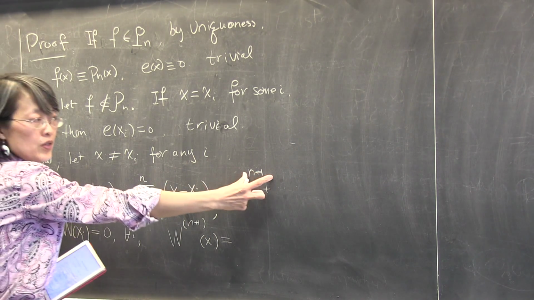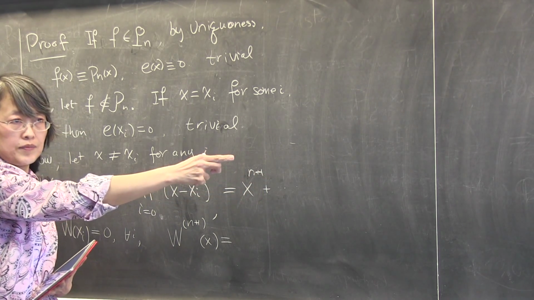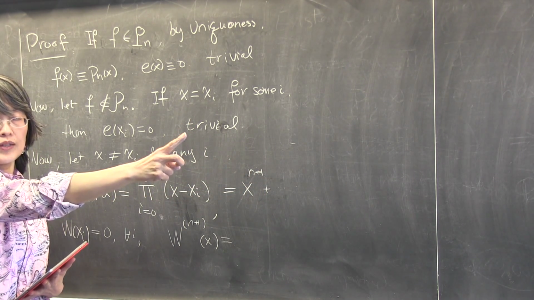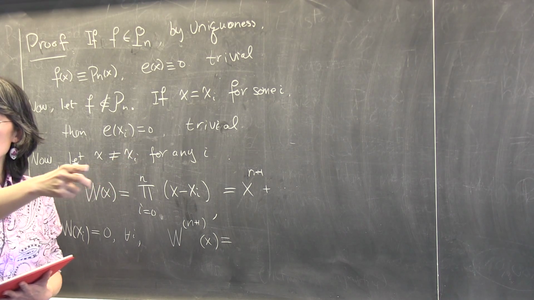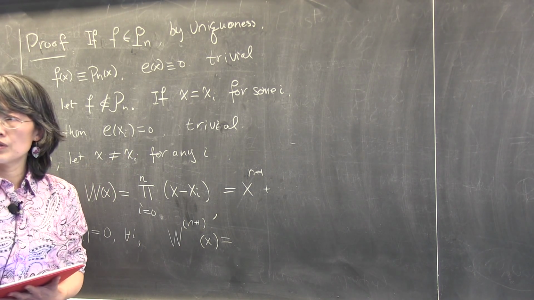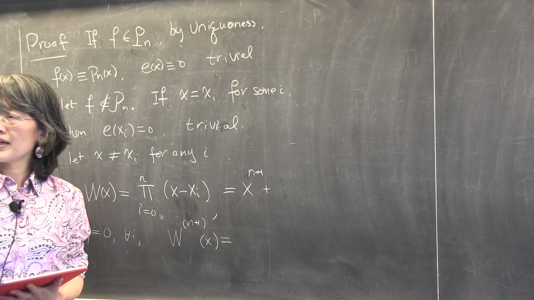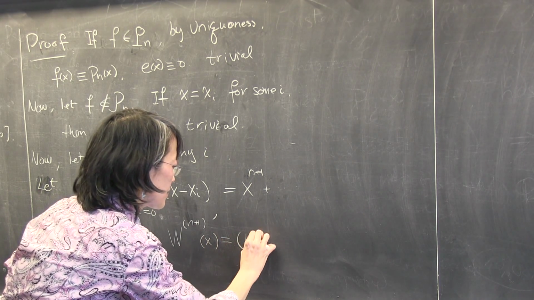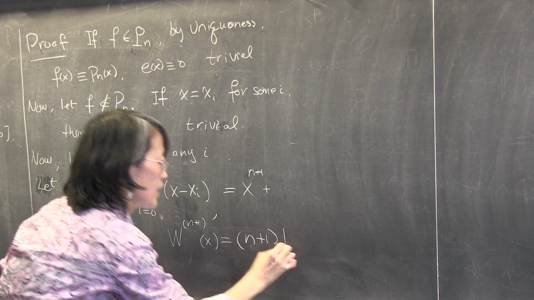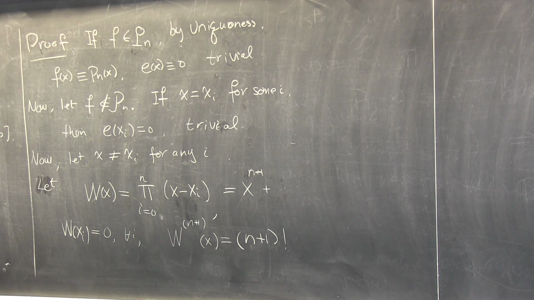You get n plus 1 times n times n minus 1 all the way down to 1. Is that right? It's n plus 1 factorial, right? So we're getting this factor here, n plus 1 factorial. It will go there. Okay.